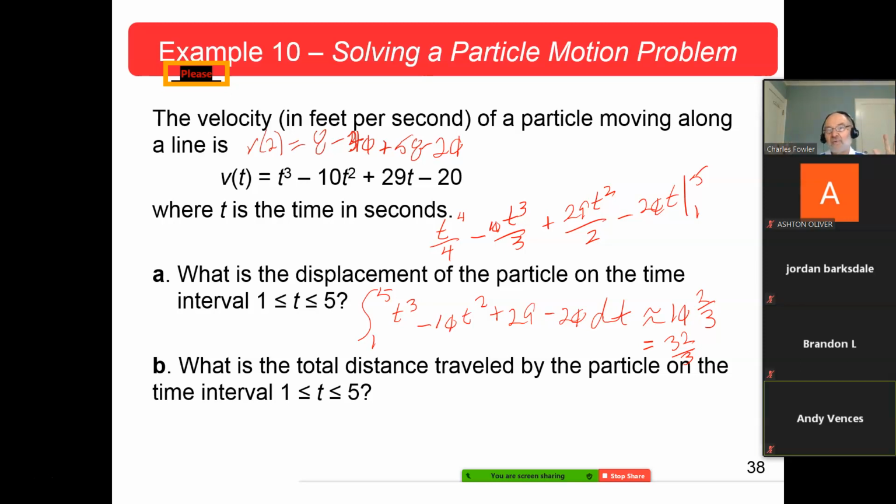Okay, so what we have to do is find our zeros. So we're going to set this one equal to 0. I don't know if you remember from pre-calculus algebra how you find the zeros of a polynomial function with integral coefficients.